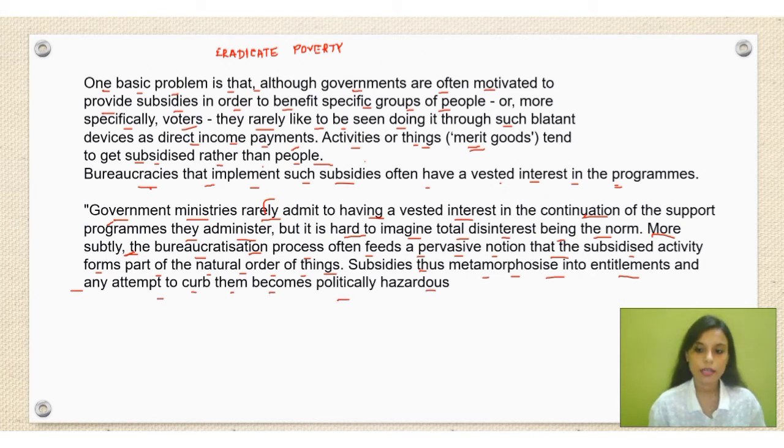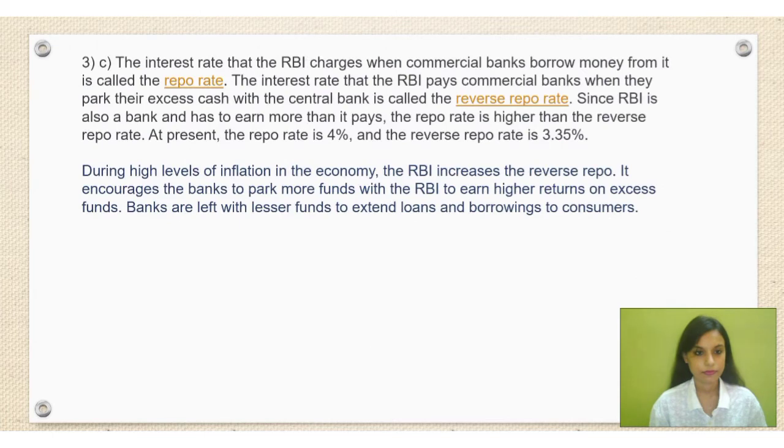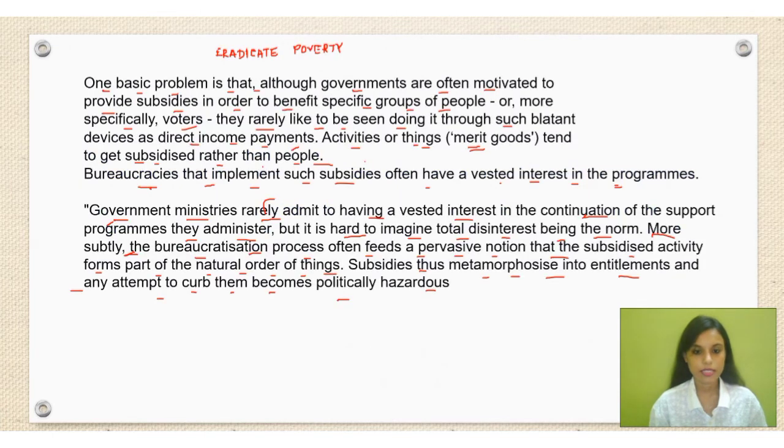So if you try to talk against this, that people are not receiving subsidies, then it can become politically hazardous. Anything you raise your voice against becomes politically hazardous. Yeah, so these can be the points.